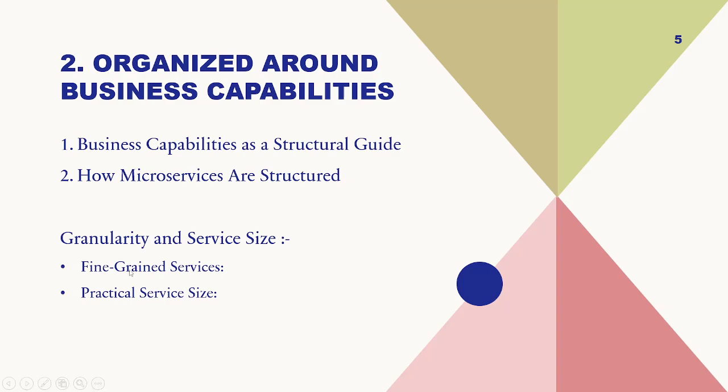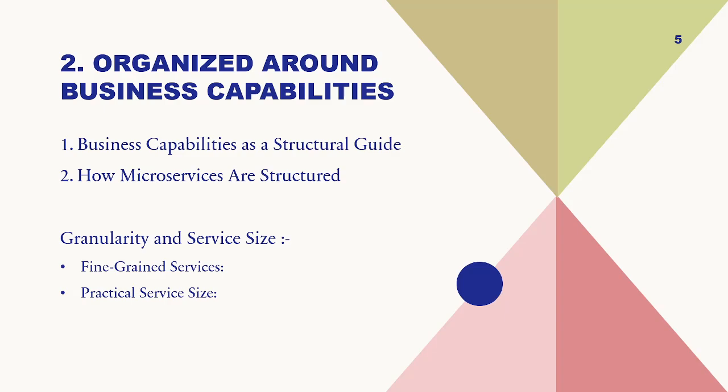Fine-grained service. It's tempting to break everything down into tiny services, but over-fragmentation can lead to too many moving parts, making the system complex and hard to manage. For example, splitting a payment service into a hundred small tasks might create more overhead than value.